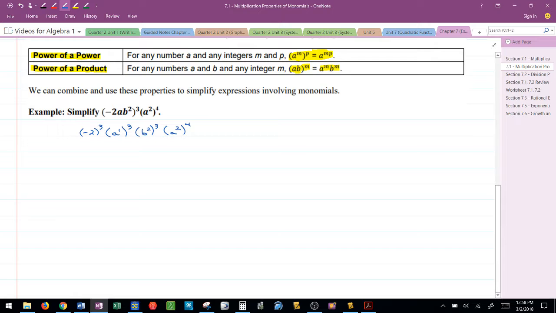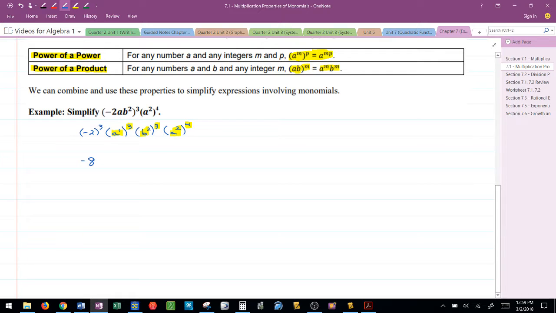Okay, so I notice I have a number being raised to a power. Negative 2 to the third means negative 2 times negative 2 times negative 2, which would give me negative 8. I have the property called the power of a power being involved right there, and right there. 3 different occasions. I'm going to apply that property that says if you have a power to a power, multiply the powers to all 3 of these independently.